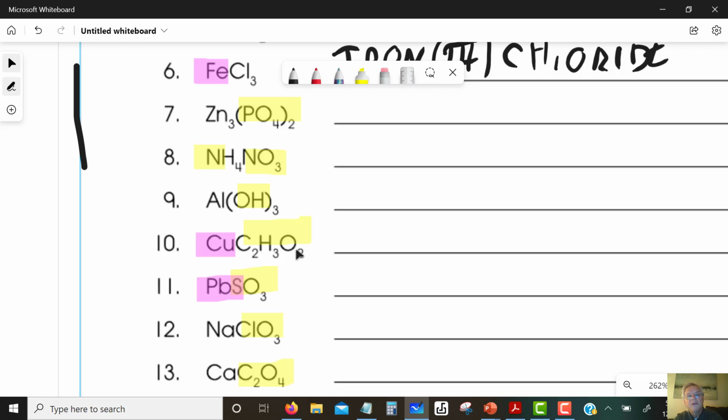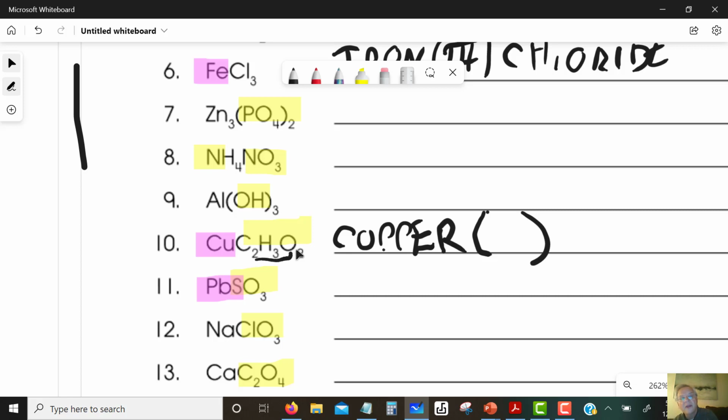So, easy way to do it, Cu is copper. I know that because I know what Cu is. I don't know which oxidation state to use, so I'm going to leave room for parentheses here. And then whatever this thing is. Remember, 3 or more, go to table E. So that is called an acetate ion.